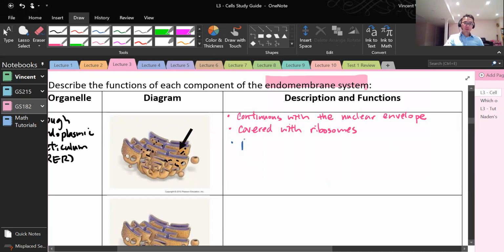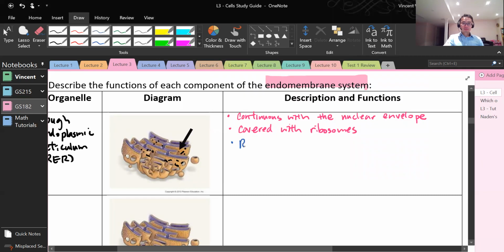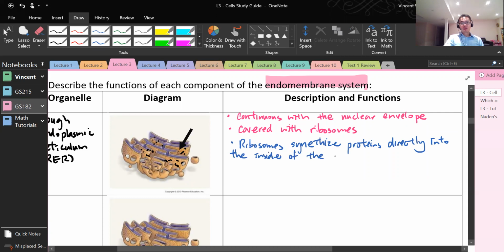Basically, the ribosomes synthesize proteins directly into the inside of the rough ER.